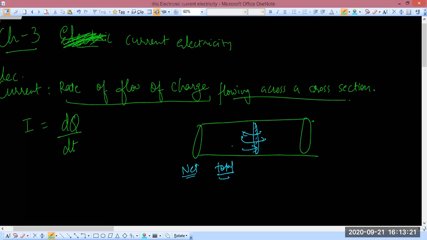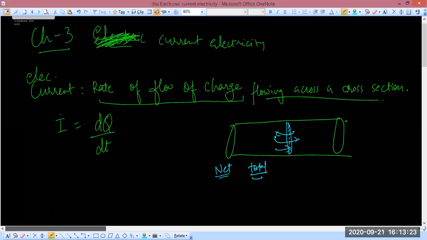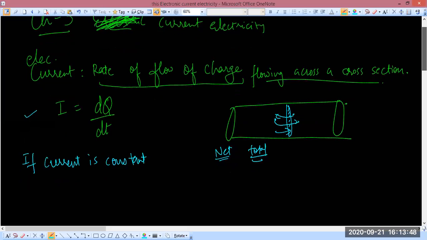All right. So anyway, the current I is defined as dq by dt, that is the rate of flow of charge across a cross section. So dq is the small charge flowing in some small time dt. Generally, if current is constant, then we can also write this formula in this manner.